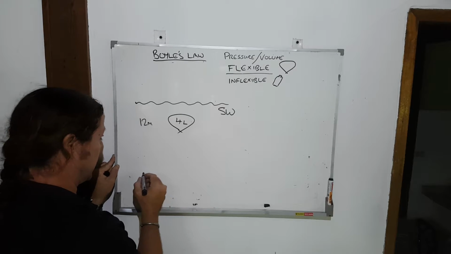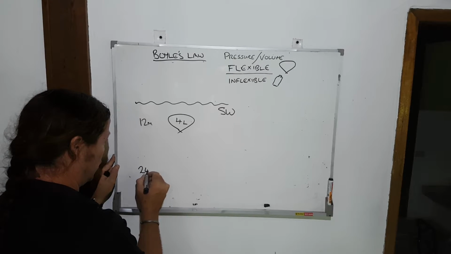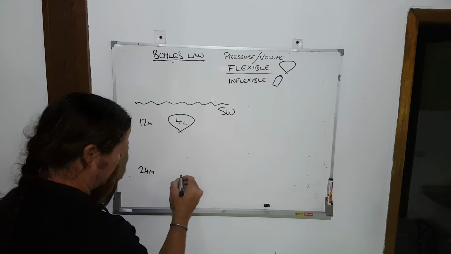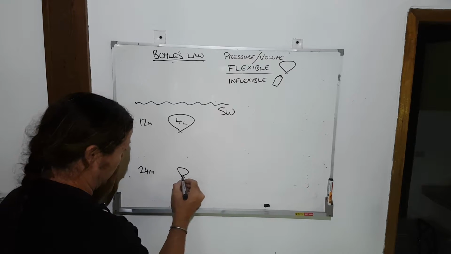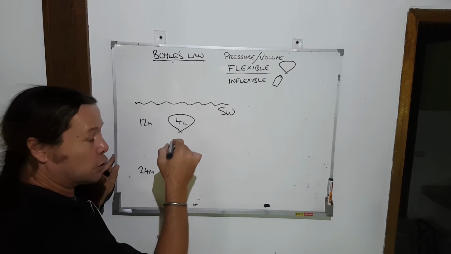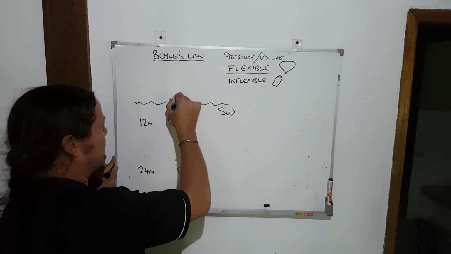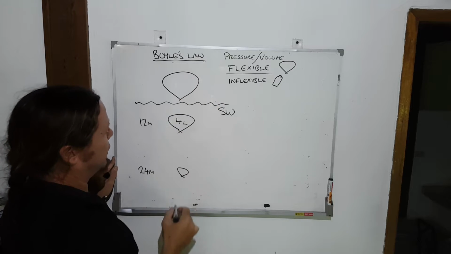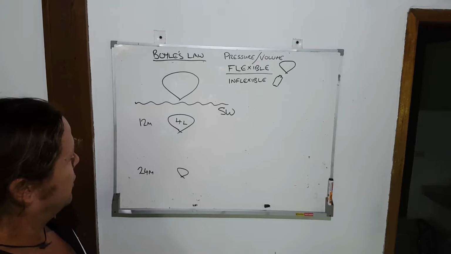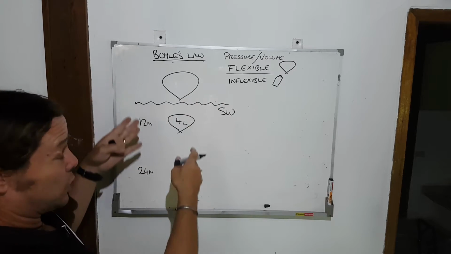And I'm going to take it to 24 meters, so I'm going to draw it smaller, because it is smaller down here. And also I'm going to take it to the surface to keep the maths very, very easy. There it is at the surface. Fantastic. So now that's my question.